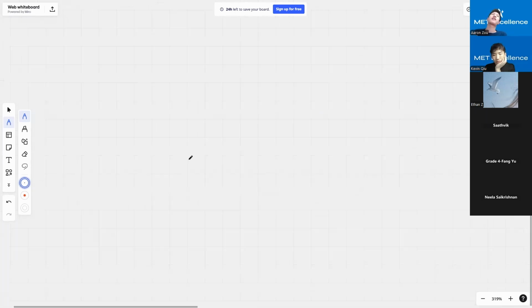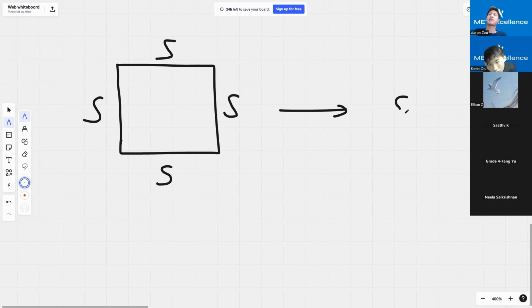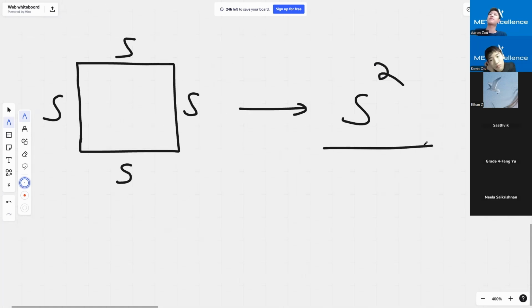So now let's go into area. I'm sure some of you guys already know how to calculate area, right? So for a square, let's say the square has a side of S. The area of a square is S squared. All right. That's just something you should remember. That's basically a definition.